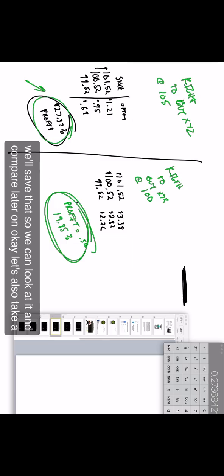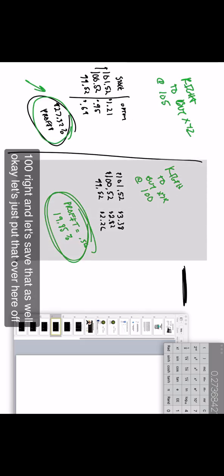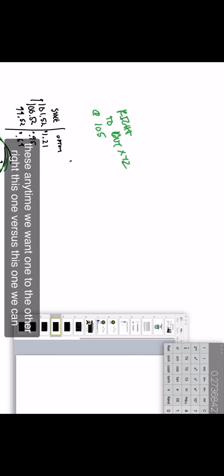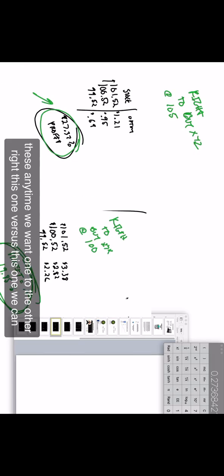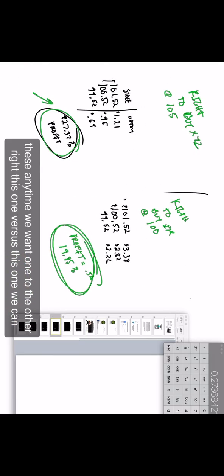Let's also take a picture of the one we did here at 100, and let's save that as well. Let's just put that over here off to the side. So now we can compare. We can get rid of this now. Now we can compare these anytime we want, one to the other, right? This one versus this one.